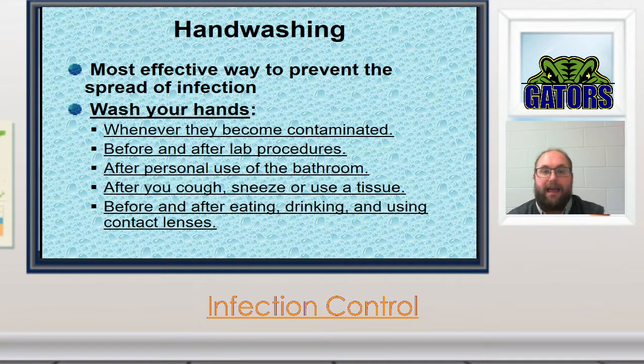And so whenever they become contaminated, before and after a lab, after you use the bathroom, after you cough, sneeze, or use a tissue, and before and after you eat, and before and after you use contact lenses and put them in. All of this is vital in helping to prevent the spread of any kind of infection.